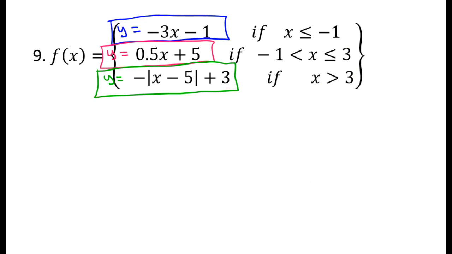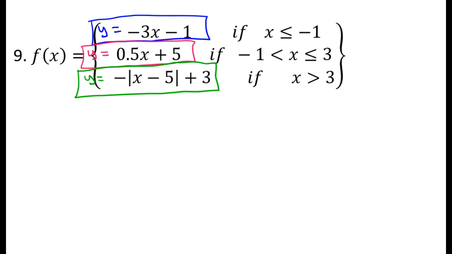So first let's talk about the endpoints of each piece. Each piece is going to have at least one endpoint, and these are the x values of those endpoints. So I know I will have an endpoint at -1 comma something. All right, I need to know what the y value is, so I'm going to substitute -1 in right here.